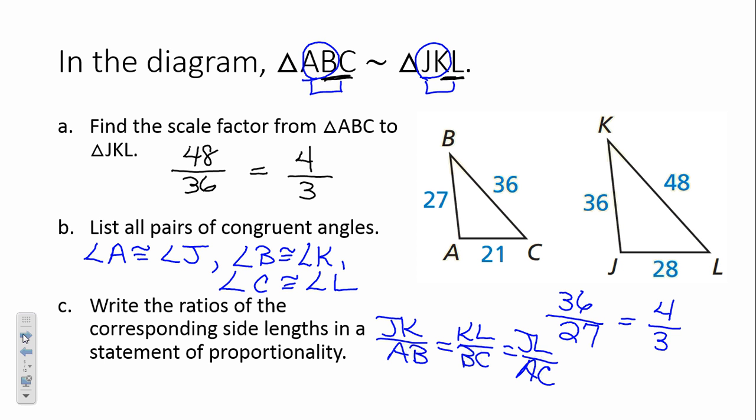Okay, so they'll give you a congruence statement, and A is the first one listed, so J has to be the corresponding angle. Or they will give you an angle arc, and they will give you one that corresponds to it in the other figure.